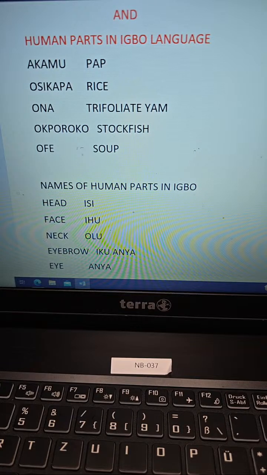Yesterday we started with the names of foods in Igbo language, which we couldn't finish because I didn't want it to be too burdensome. I didn't want it to be too big, so that we'll have to take it bit by bit so that we'll be able to assimilate it.